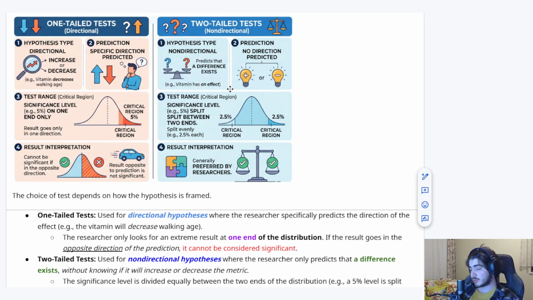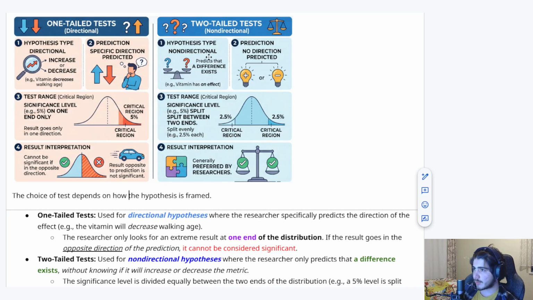But if it were two-tailed, then we would look at both tails with 2.5, 2.5. It cannot be significant if it's in the opposite direction. So if you claim that your vitamin decreases the walking age and then it ends up increasing it, it shouldn't happen. You can just definitely say that your H1 was wrong.